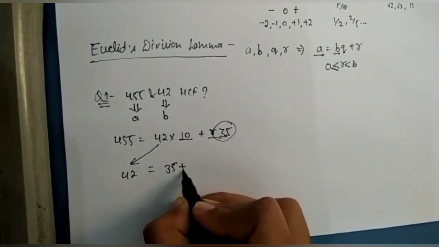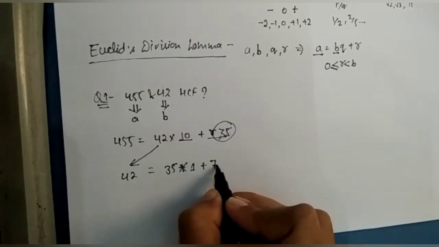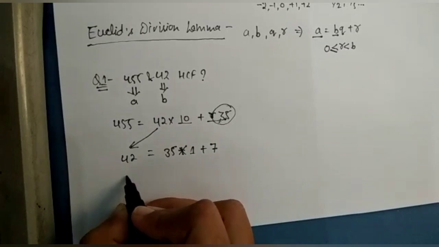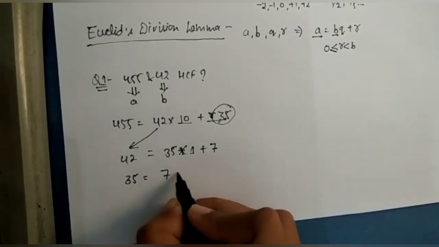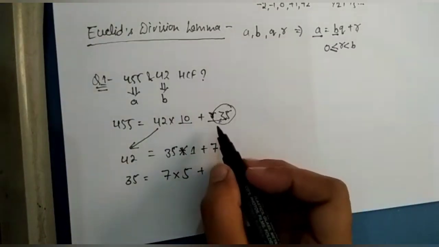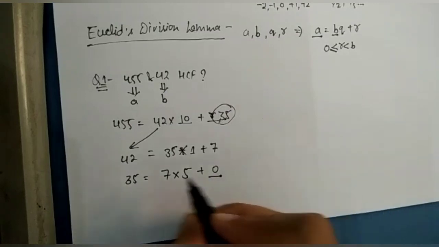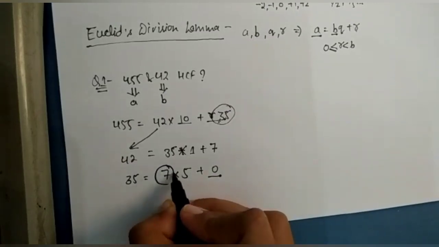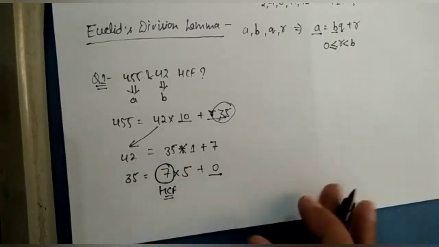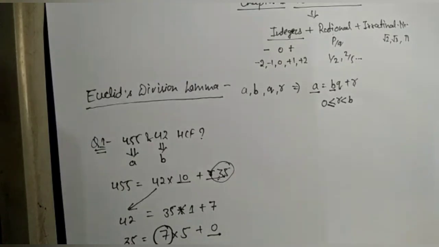So 35 into 1 plus 7, then we will get 42. Now next, 35 is equal to 7 5s are 35 plus 0. We have to do this procedure. When we get remainder 0, we stop this process and we get our answer, that is the HCF.